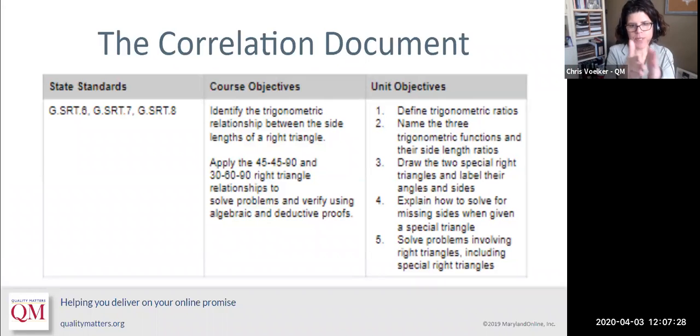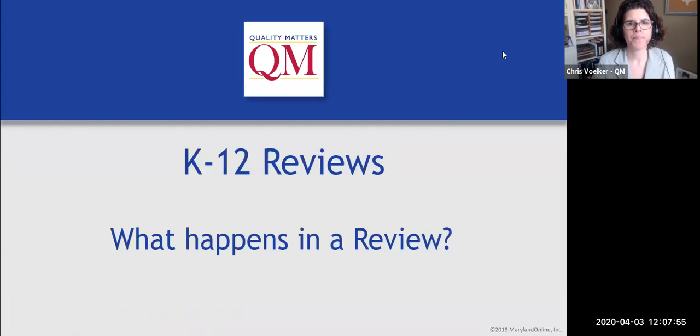It just shows how everything flows together, so that we can make sure that 100% of the state standards are met, so that the course is covering all of the curriculum that needs to be covered to meet those state standards. So that's why we need a correlation document. And this is one example of how a correlation document could look.